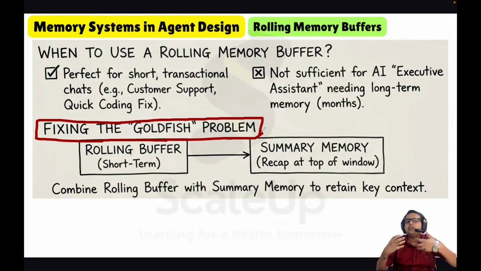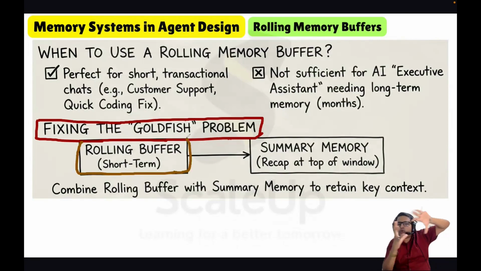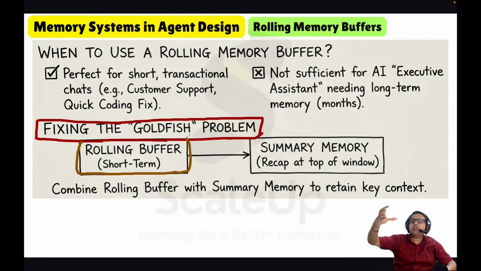Now how we can resolve that problem is that we will definitely be making use of the rolling memory buffer, the conveyor belt. When we are wiping out the old messages, rather than just throwing them out completely, we will take those old messages, summarize them, condense them, and put the condensed form once again in the active context window.